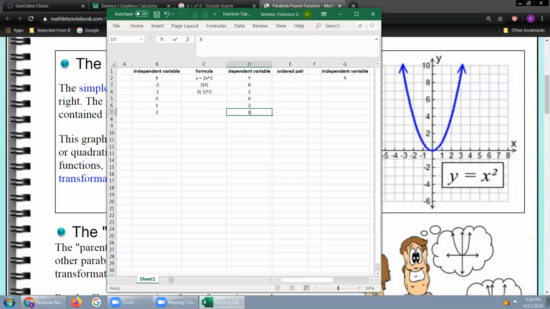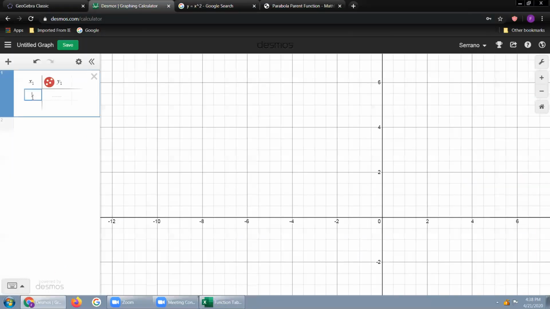So to look at how that one will look, we're going to graph the points. -2, 8. So we can put here -2 for x, and 8 for y. And then -1 for x, and it was 2 for y.